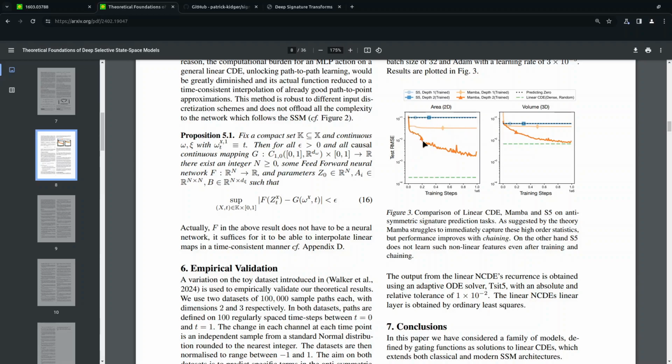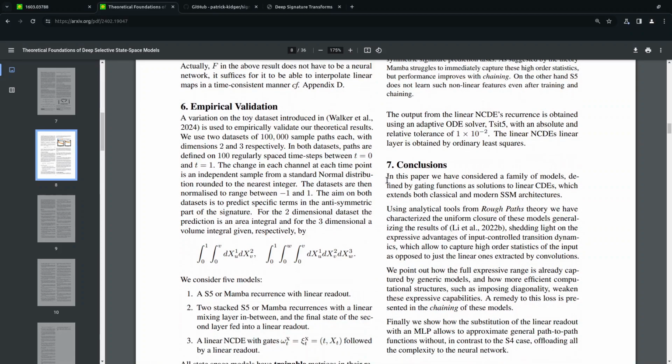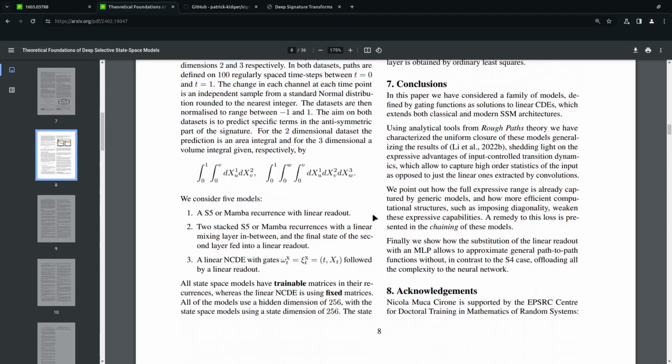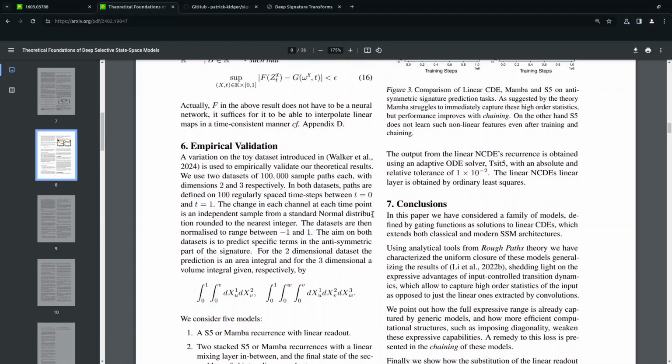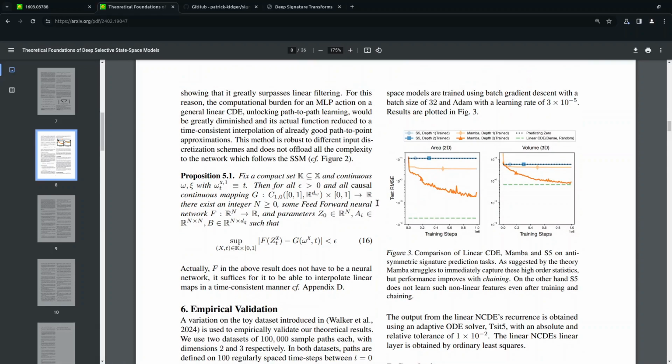Mamba does a little bit, but struggles, whereas the linear CDE, which is basically a kernel method at this point, so probably has a lot more parameters, is fairly good. In this case, Mamba can recover it; in this case, not. Although I'm not sure what they're doing exactly. I think they're computing volumes and areas here. So small examples, but I thought it was fairly cool.